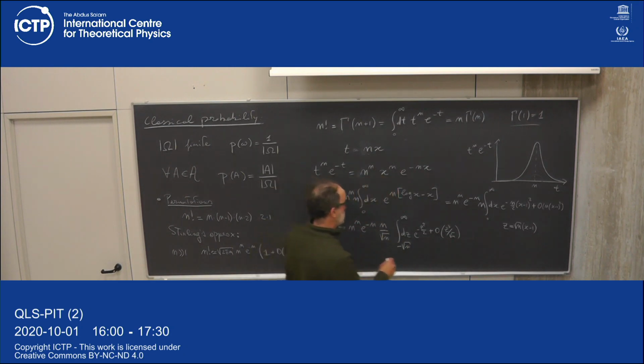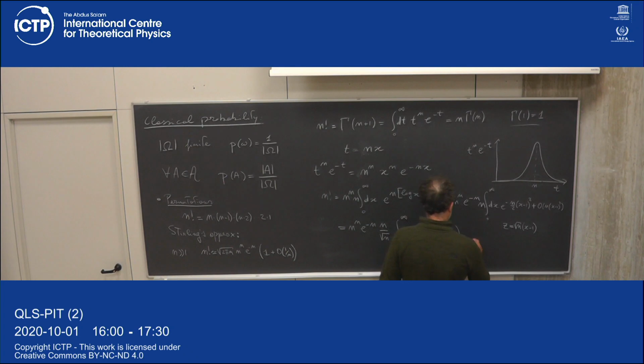So essentially I can write this as n to the n e to the minus n square root n times the integral.